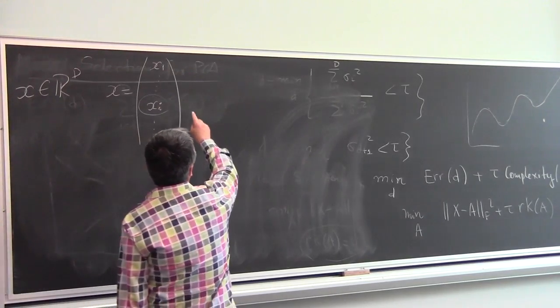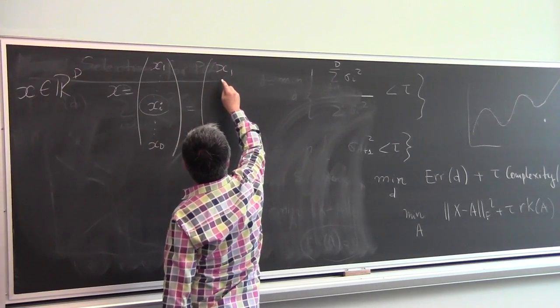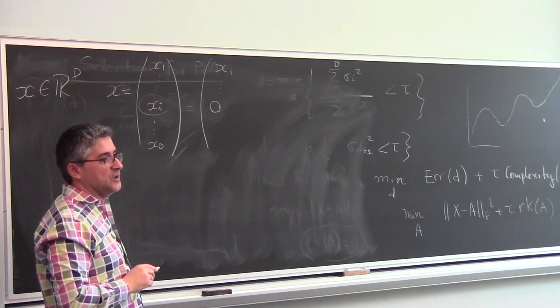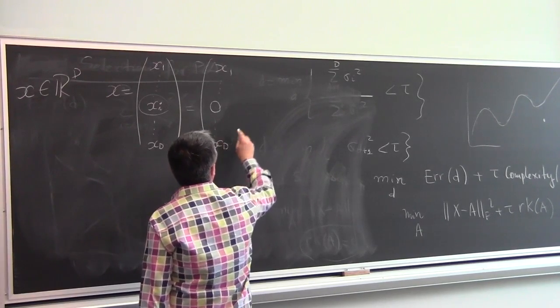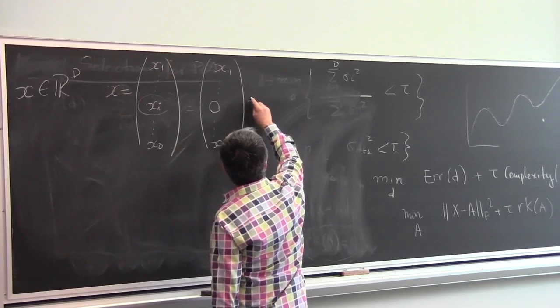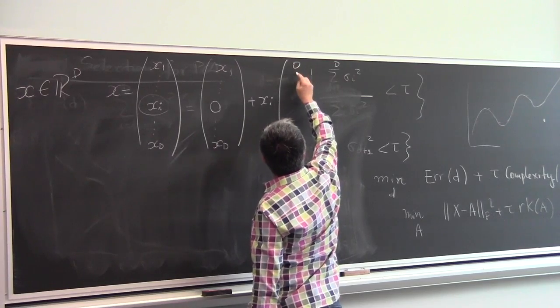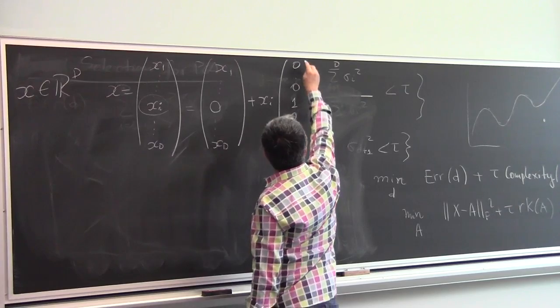So what I'm going to do is write this point as x1, put a 0 in the part that is unobserved, and then a bunch of xd's, plus xi times a bunch of zeros everywhere, a 1, and then a bunch of zeros.